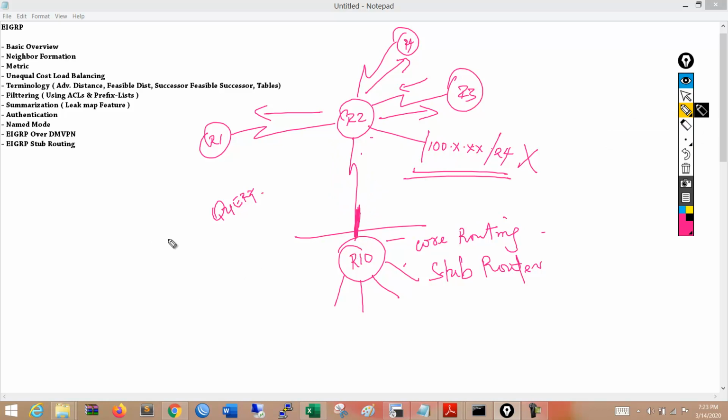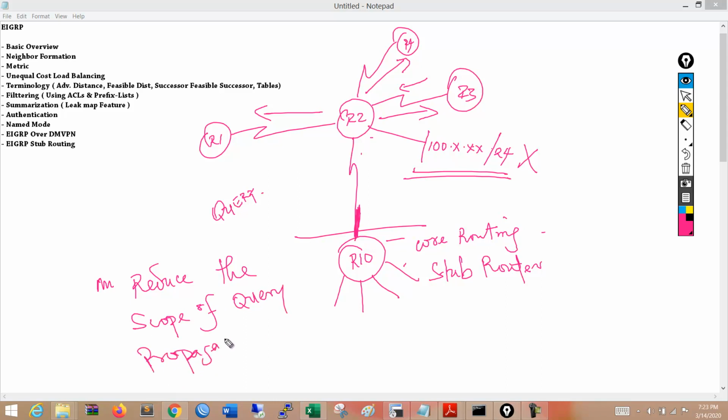So stub routing is used to reduce the scope of query propagation. By default, queries are propagated to all neighbors. But if you have a dead end that will not have a reply to your query no matter what, that does not have a backup route taking it to the other core devices, there's no point asking it if it has any of these missing networks.